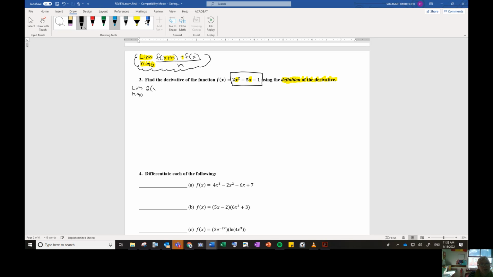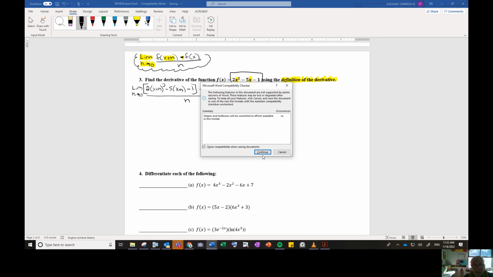So 2 times x plus h squared minus 5 times x plus h minus 1. Then you're going to subtract the function as it is, 2x squared minus 5x minus 1, all of that over h.